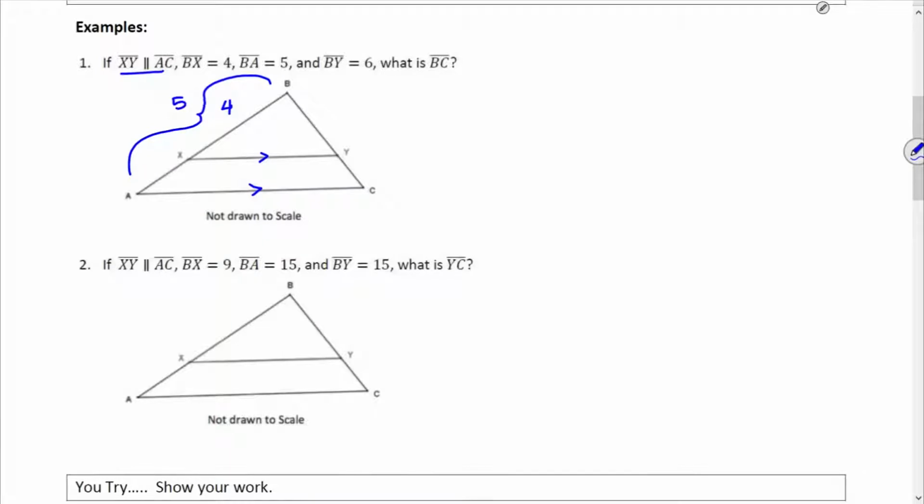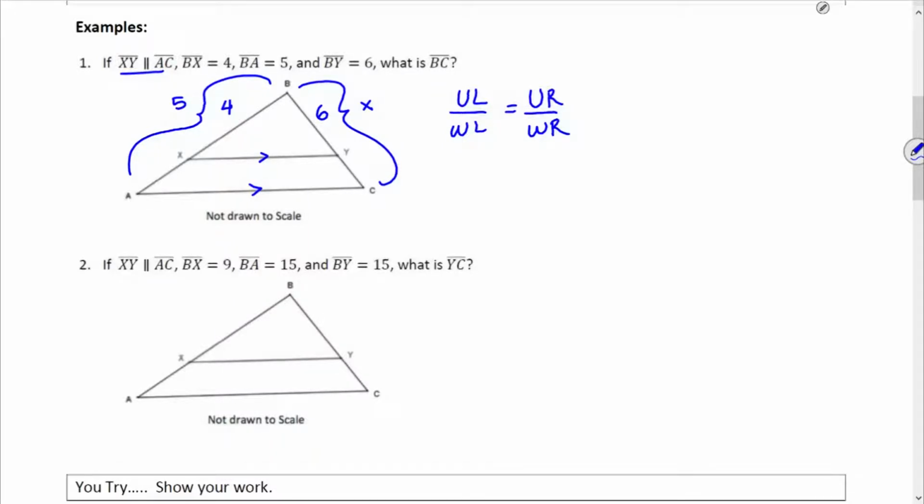And they give us that BY is 6, and they ask us what BC is. So it looks like the upper left over whole left is equal to upper right over whole right, and they're giving us all of those numbers.